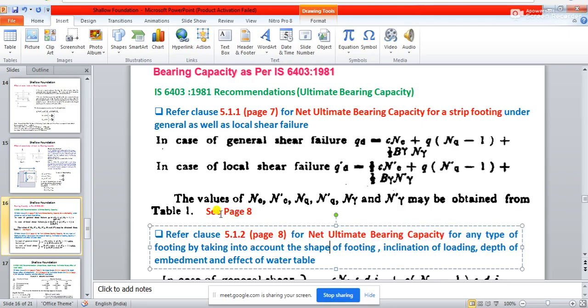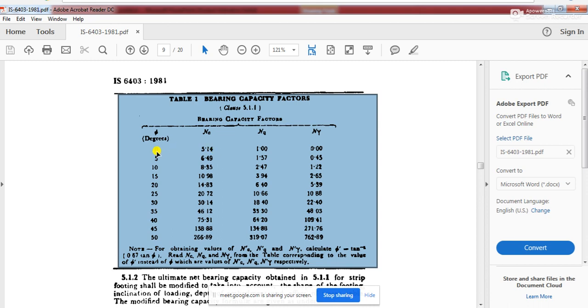I have mentioned, see page number 8, table 1. And you observe here the values are jumping by 5 degrees. Not every 1 degree the values are given. Have you observed? It is given as 0, 5, 10, 15, 20 like that.